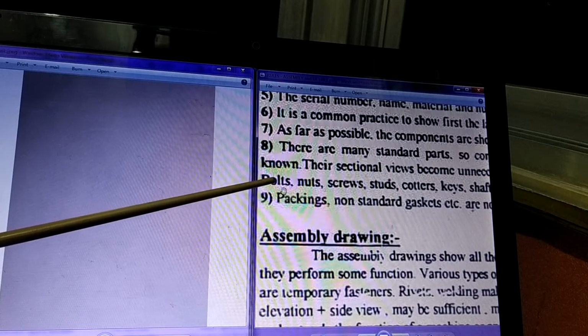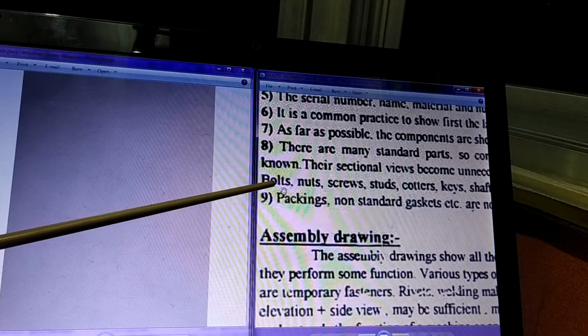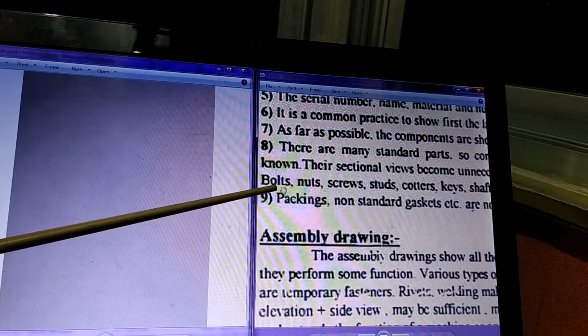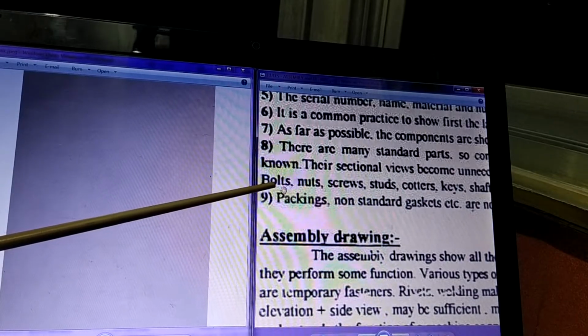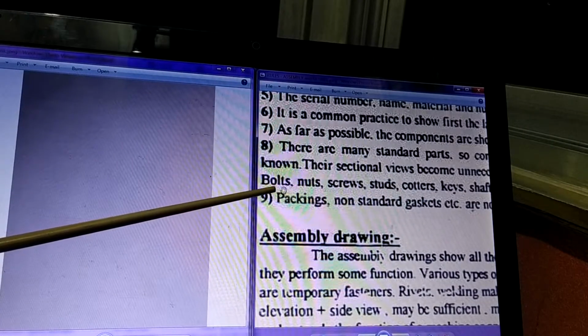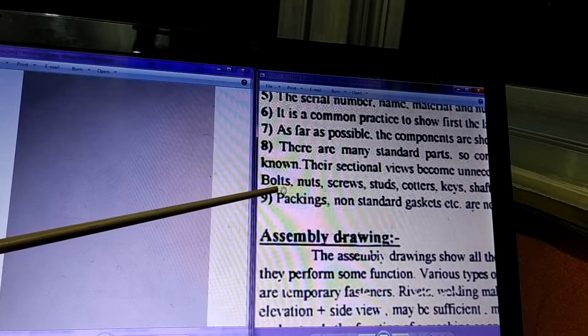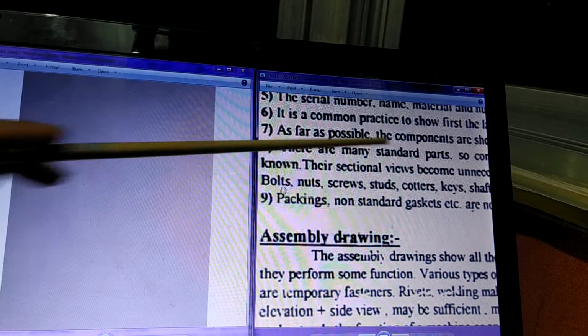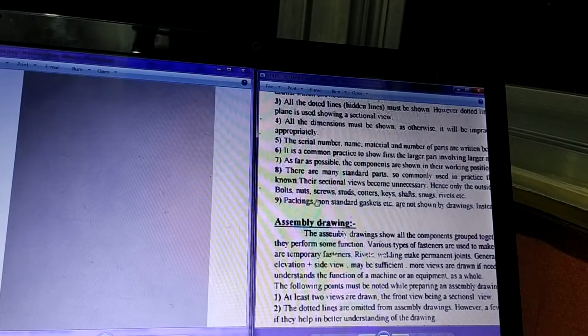So you have to write the description that it is a bolt, size is M10 and the type is hexagon. Along with that, you have to write the material which is MS and then the quantity. So this kind of information you have to write for the parts which are standard parts. Okay, so these are some of the rules which are to be observed for the detailed drawings.